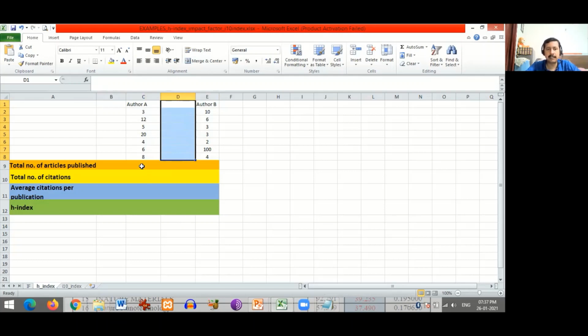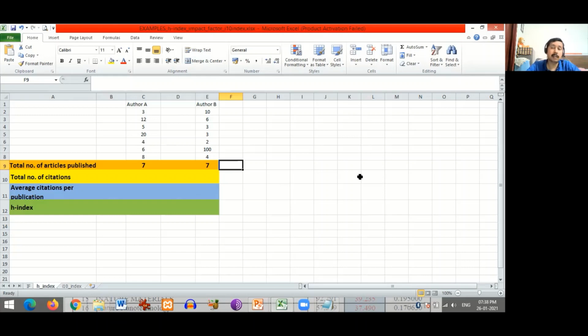First, let us find out the other factors here. Total number of articles published by author A is 7, as you can see, and that of author B is also 7. Therefore, number of articles published cannot be used as the basis for comparing the productivity because the number is one and the same.